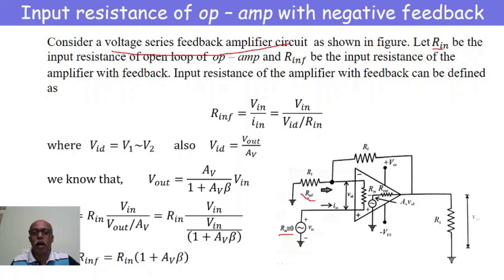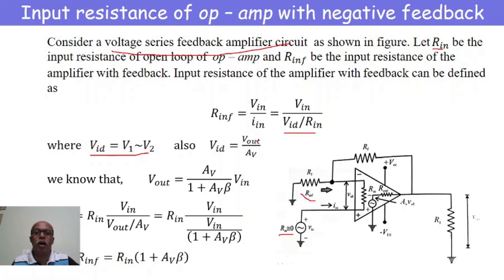So from the figure, Rinf is equal to Vin by Iin, or it is Vin divided by Vid by Rin. But Vid is also equal to V1 minus V2. This is Vid. Vid is equal to V1 minus V2 or V2 minus V1. Also we have Vid is equal to Vout by AV. AV is the gain, equal to output voltage by input voltage.